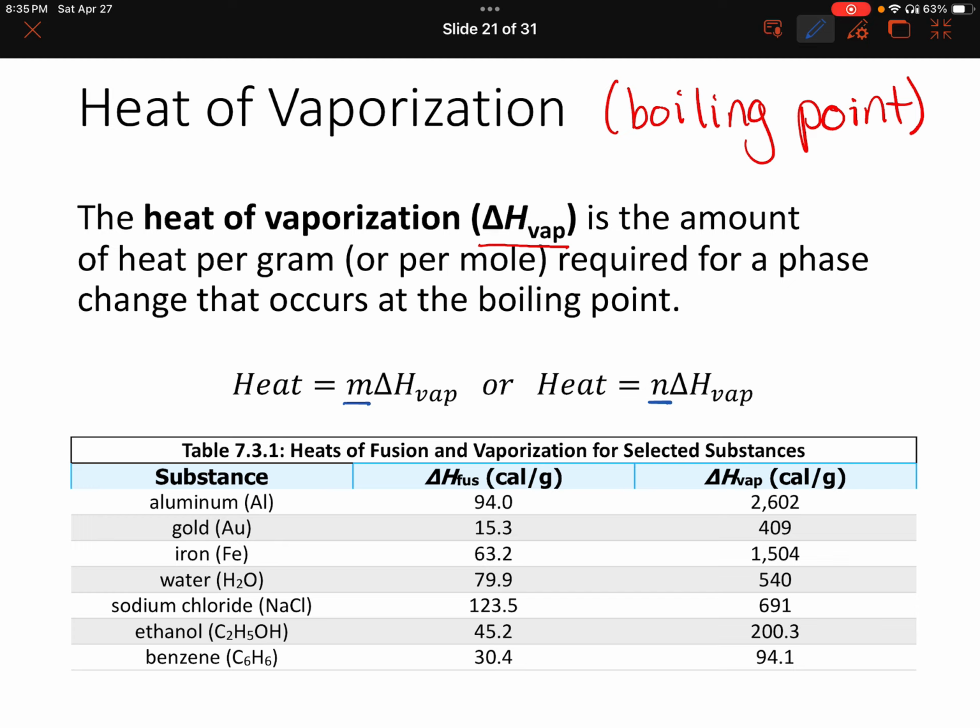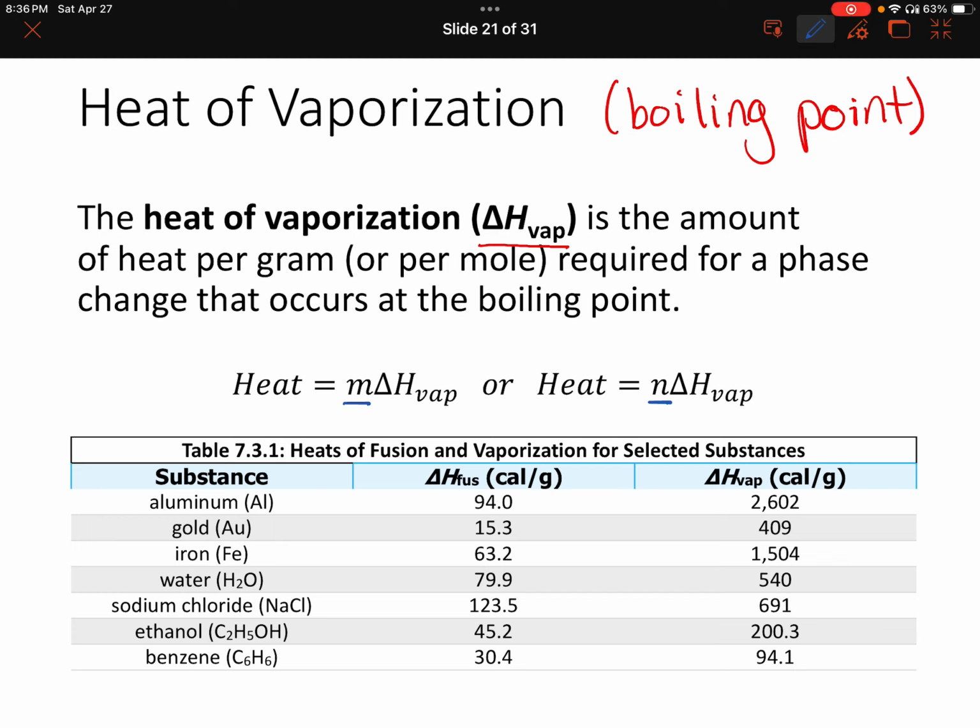Okay, so why do we need two different equations? Well, down below, you'll notice that the heat of fusion at the melting point for a particular substance is different than the heat of vaporization at the boiling point. So different amounts of energy are needed to melt something versus boil something. And that makes sense, right?